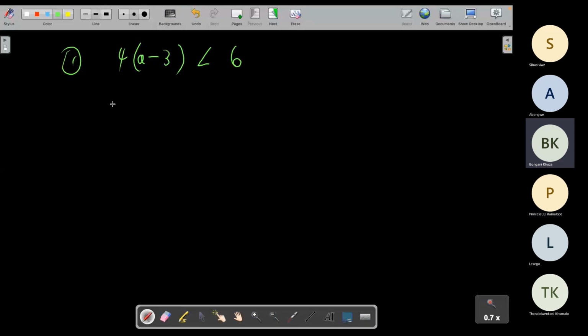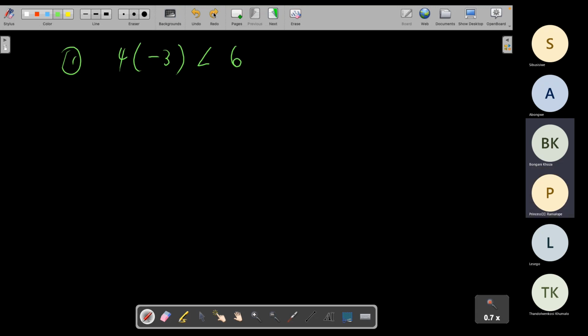And then what did we do? How did we approach this one? It's 4 into bracket A minus 3 close bracket less than 6. Without the A, it doesn't make sense.